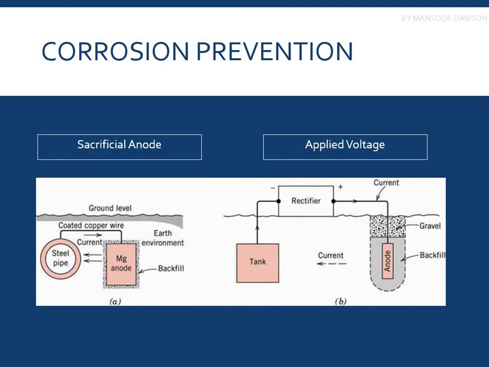All right. The steel pipe is very prone to oxidation because there would be chlorides and oxides present inside this underground soil. So what you will do is add a magnesium anode or a zinc anode or an aluminum anode that is more active than this steel pipe.